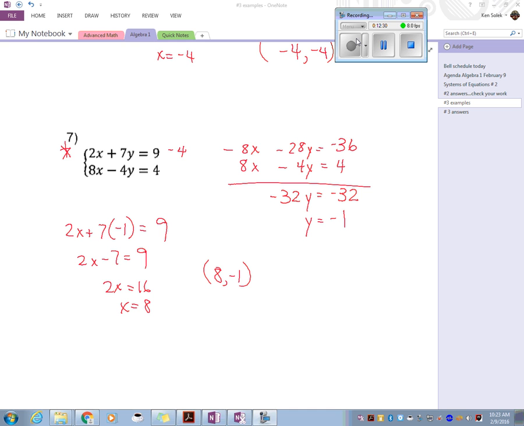Okay, there's an error in this problem. Can you find it? Where's the error? Around there. Isn't negative divided by negative positive? So if you make one mistake, see we plugged in positive 1 here, then that makes this one wrong.